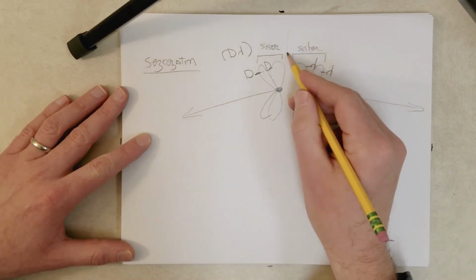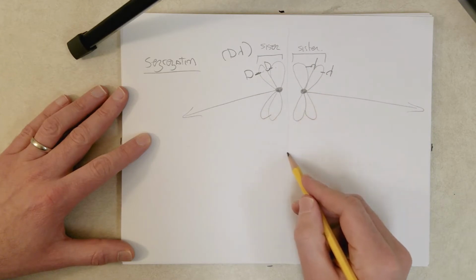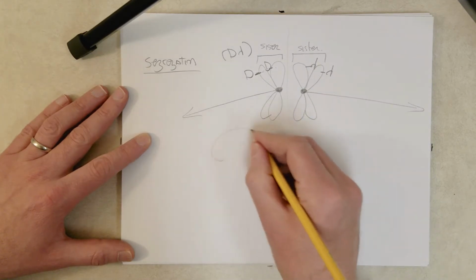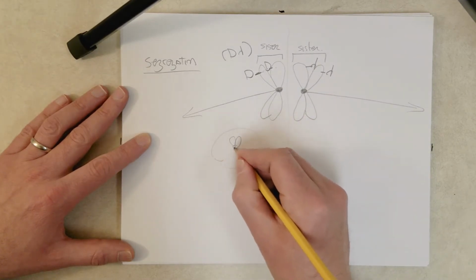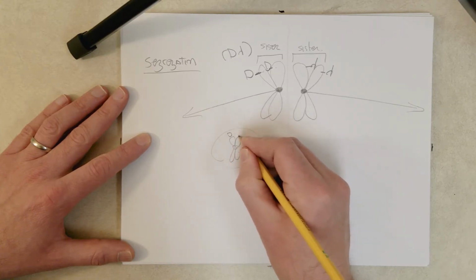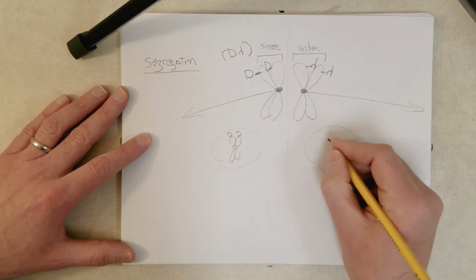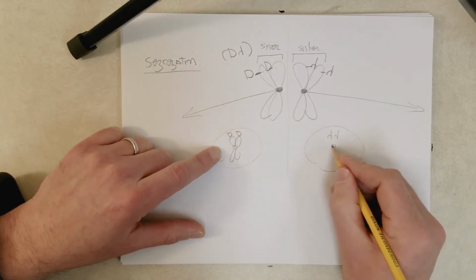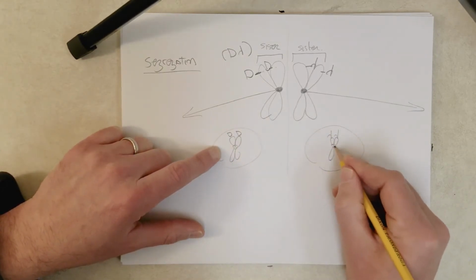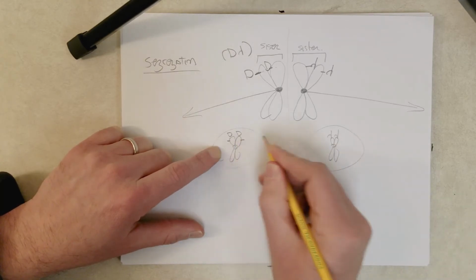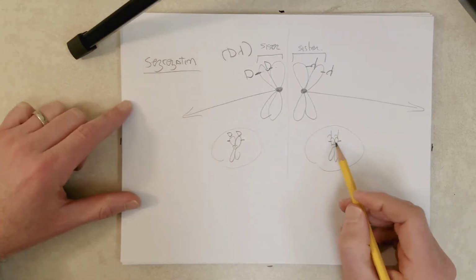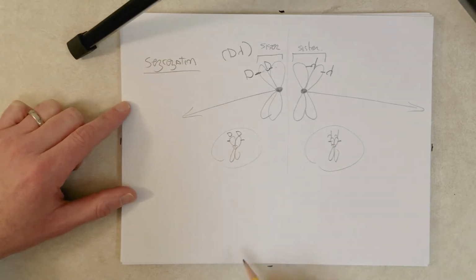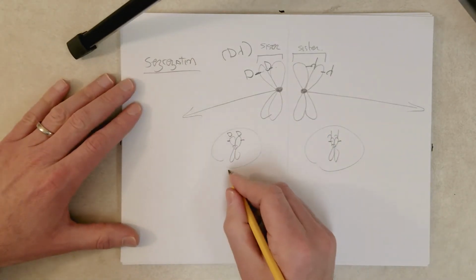So after meiosis 1, we're going to end up with the D alleles over there in this product of meiosis 1, and the little d's over here. Let's say that right here, this position of the chromosomes. And then this is going to go through meiosis 2.